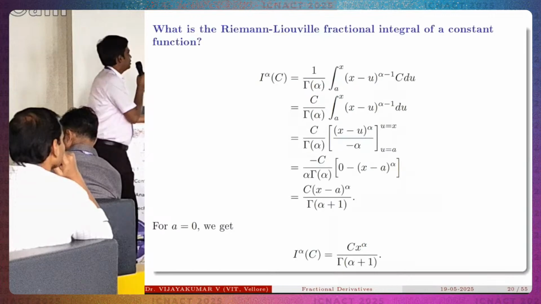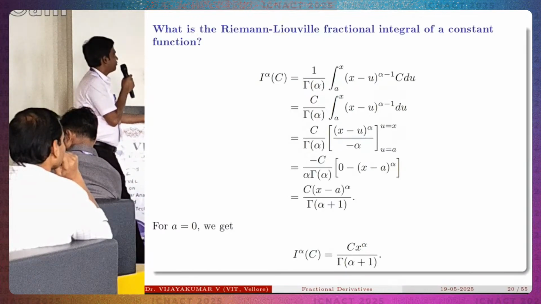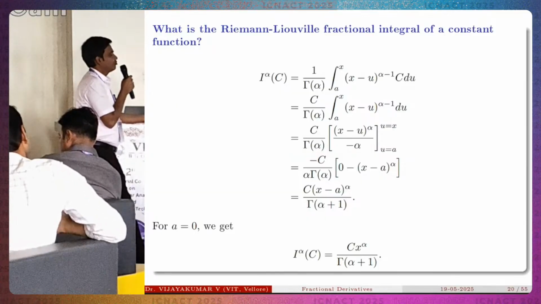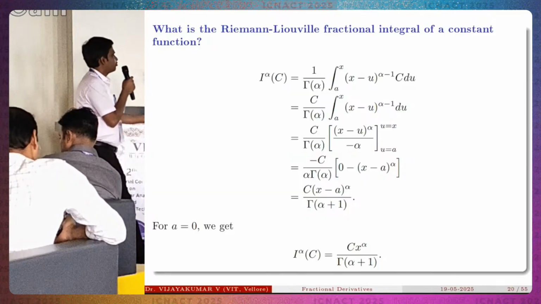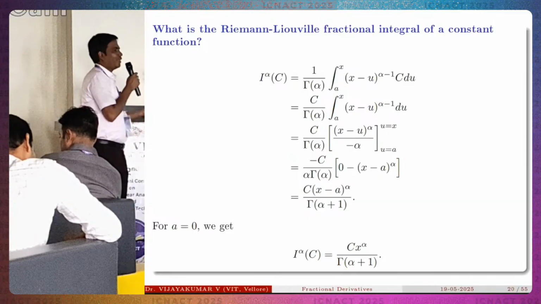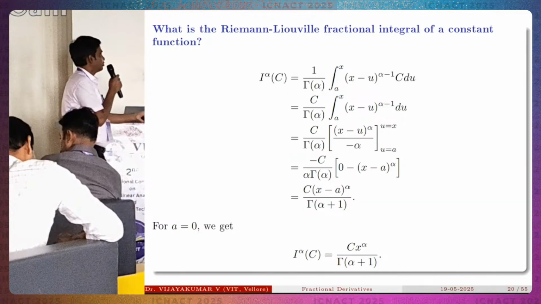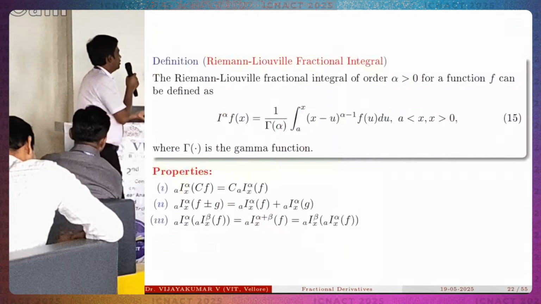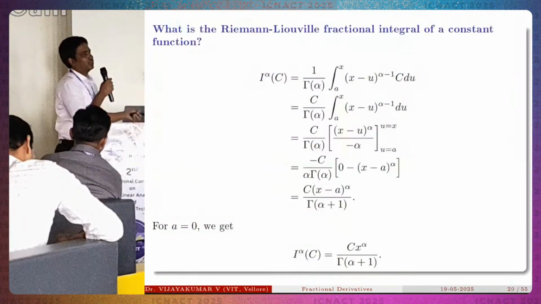See, what is the Riemann-Liouville fractional integral of a constant? I am replacing f of u by c. Then I am able to reach the answer c x to the power alpha divided by gamma of alpha plus 1. Suppose if I take alpha equal to 0, I get this kind of answer. Fine. So this is a particular case, I'm applying some particular values.